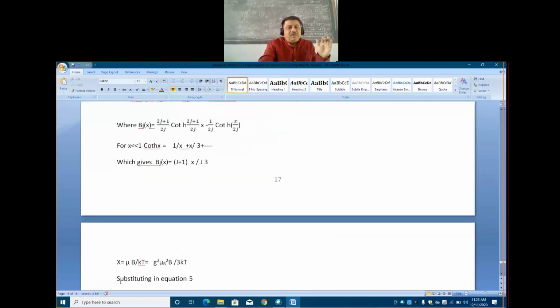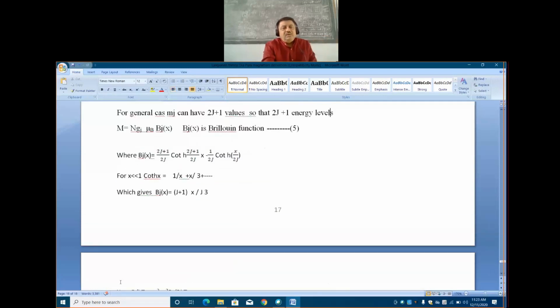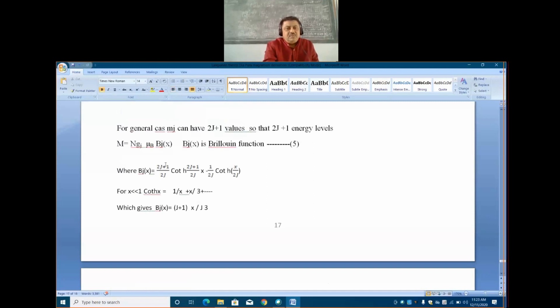So that expression is for the general case, where mj is not just L equal to 0 and S equal to half. That is a limiting case. For the general case, if mj has 2j plus 1 values, then there will be 2j plus 1 energy levels.